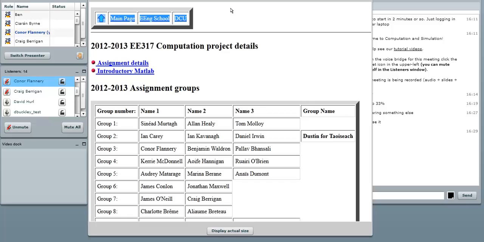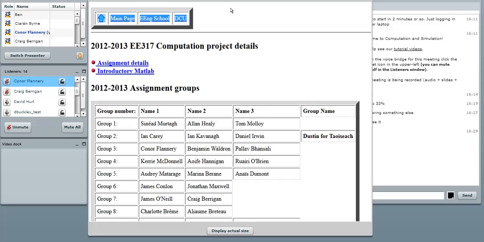I suggested you might want to give me a group name. One team so far has given me a group name, so thank you very much for that. Group 2 would like to be known as Justin for Taoiseach. French students are looking at that and wondering what the hell that is all about. So we'll have a brief little politics lesson now for 2 minutes to explain the choice of this group. But could everybody else please send me a group name as well, okay?